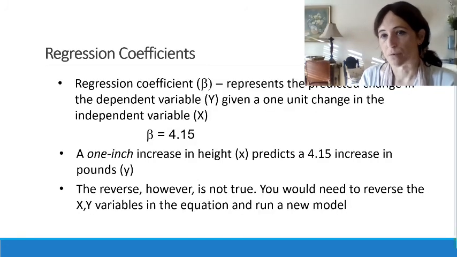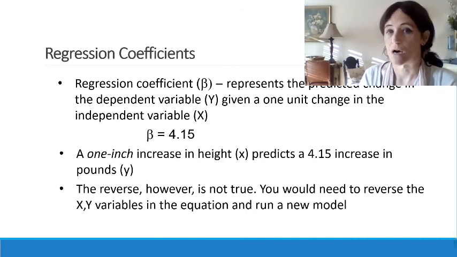So this is one of the more important points to consider again, that the regression coefficient represents the predicted change in our dependent variable y given a 1 unit change in our independent variable x.